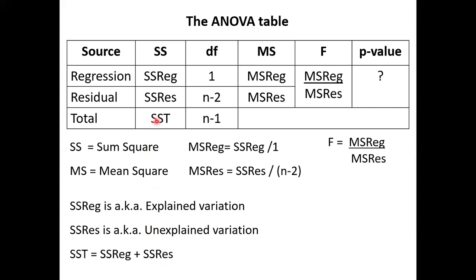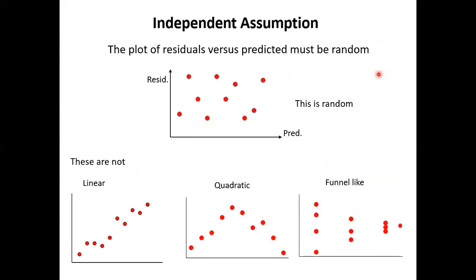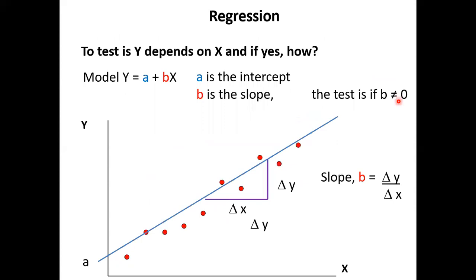Unexplained variation is the summation of the residual squares. So this minus this will give you this. I won't go into details. This table will give a p-value, testing whether the slope is 0 or not 0.